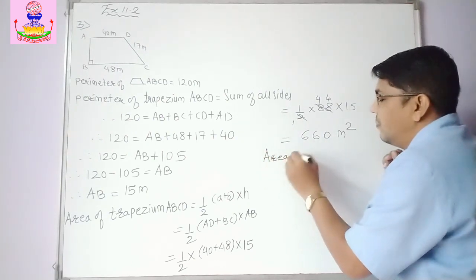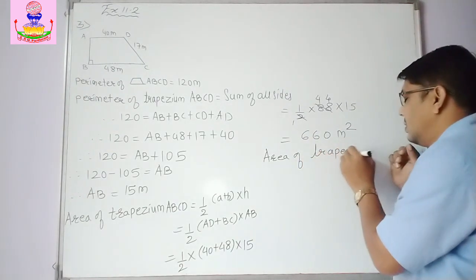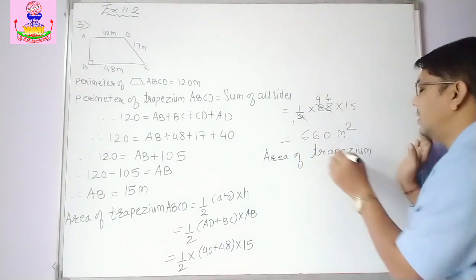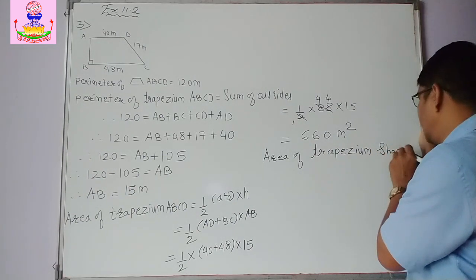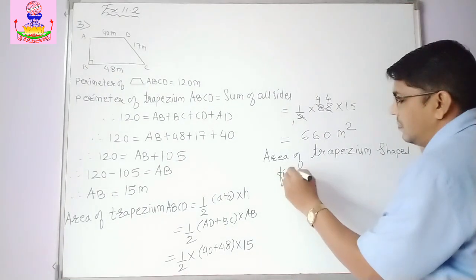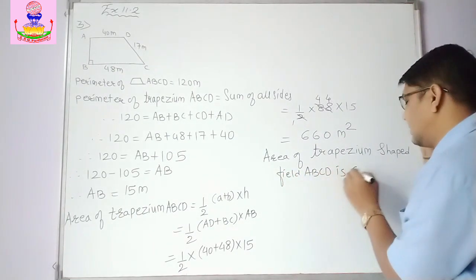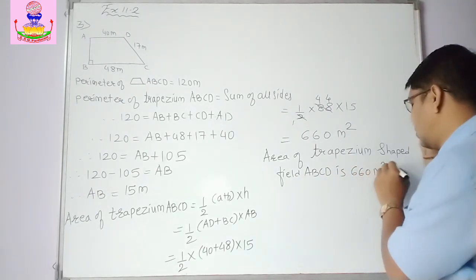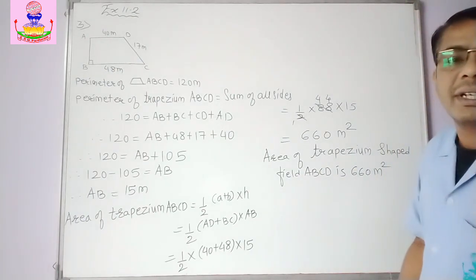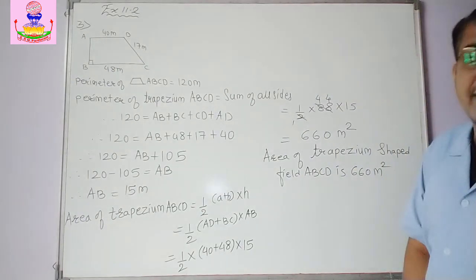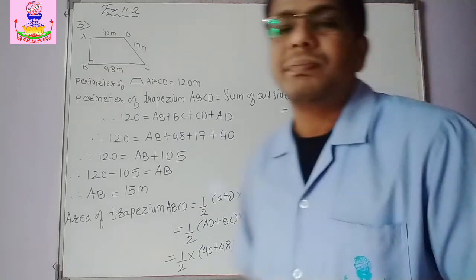So the area of the trapezium shaped field ABCD is 660 square meters. Okay, so that is what the expected answer is. Now let's move to the next example.